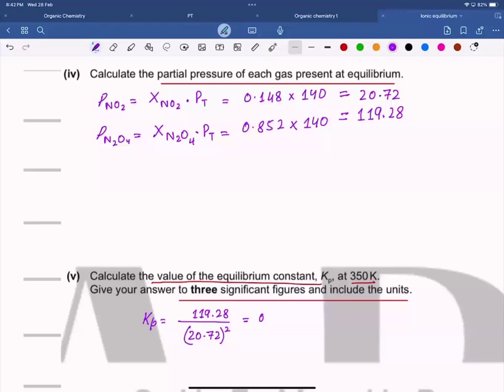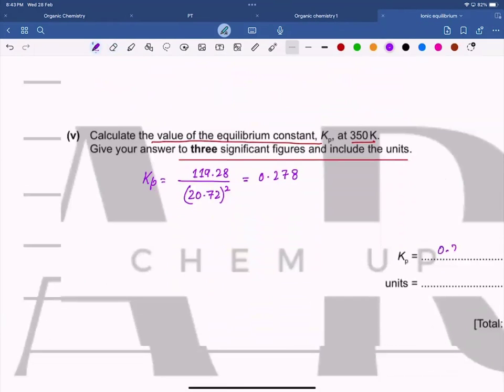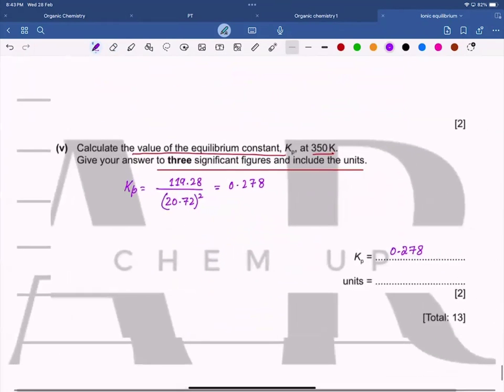It's 0.2778. Yes, sir. Okay, and see, you have to write in three significant figures, so you will write 0.278. Now you have to find the unit.